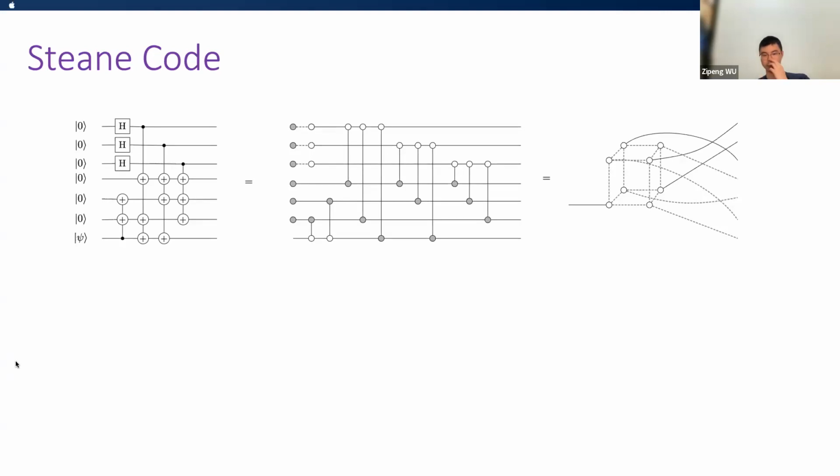The X part of the graph code is pretty close to the identity.